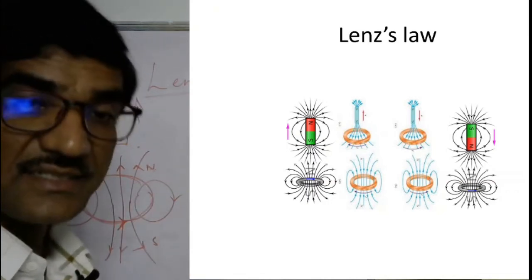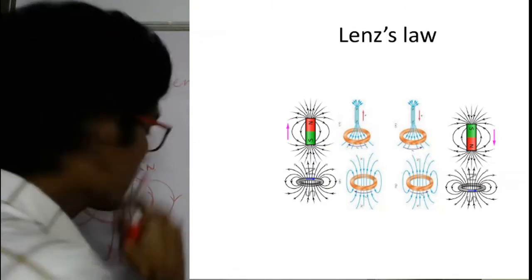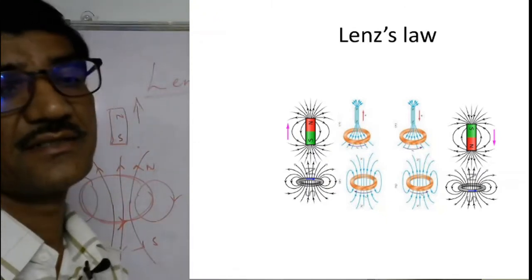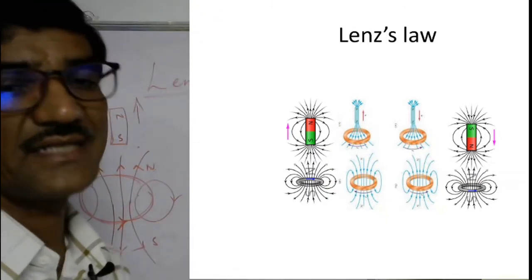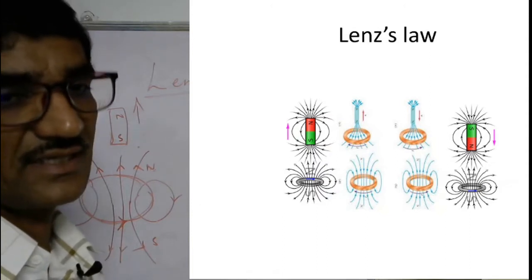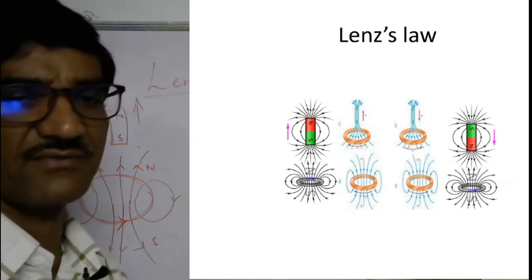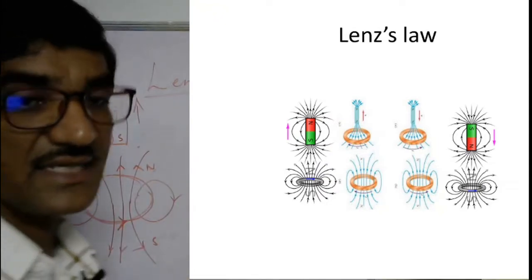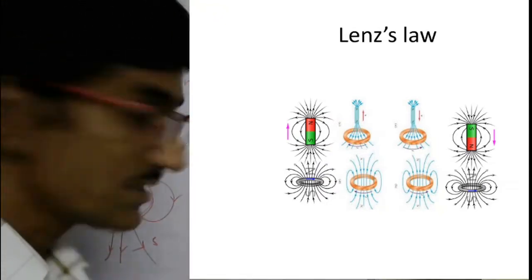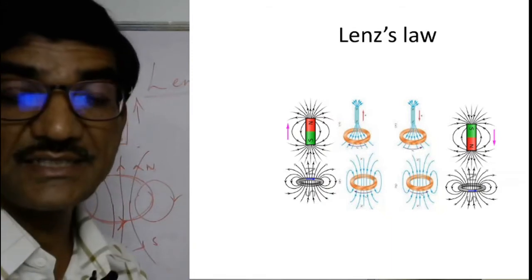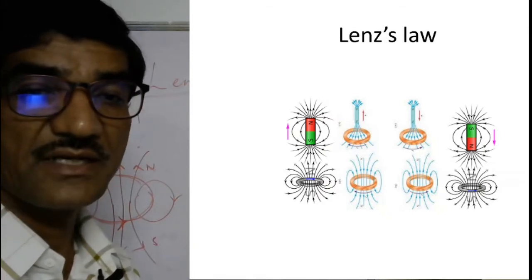That's why this induced current is stopping the further decrease in the flux. Okay, it stops either decrease or increasing of the flux. In the earlier case, it stopped the increasing of flux. In this case, it is stopping the decreasing of flux. Why?